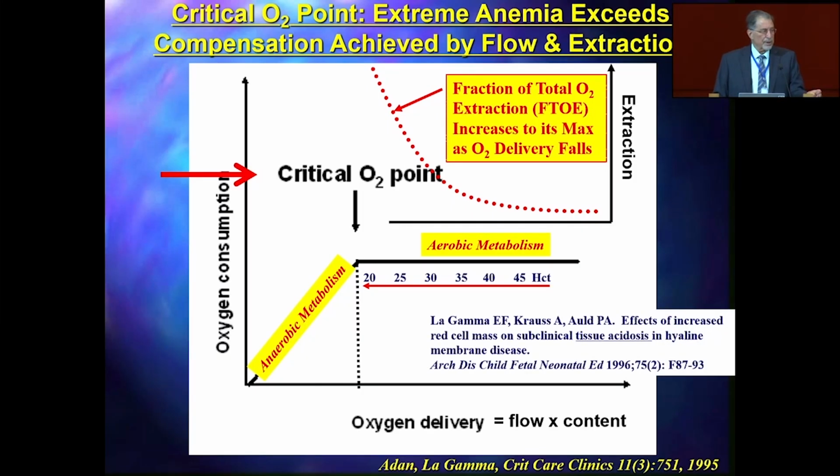Now what we did some years ago was looking at distribution of blood flow by using a tissue pH electrode. So I had developed this microelectrode. You put it subcutaneous. We used the calf, the lower extremities. We did umbilical vein, umbilical artery contents. We measured peripheral blood flow using occlusion plethysmography.